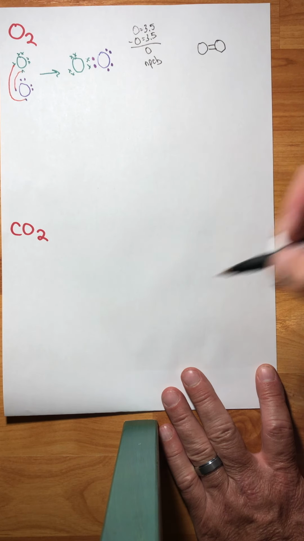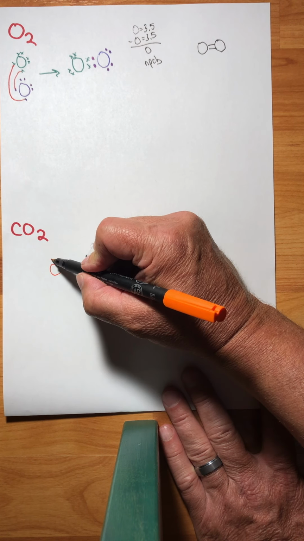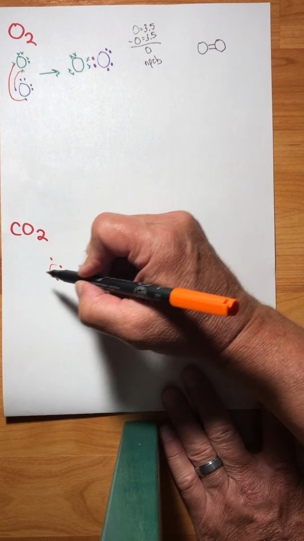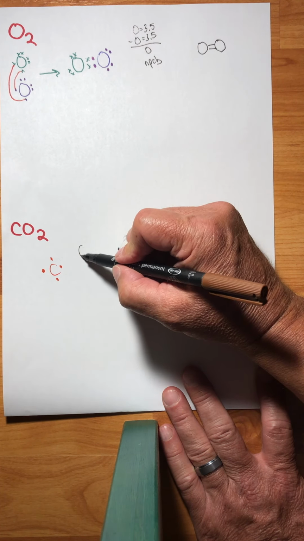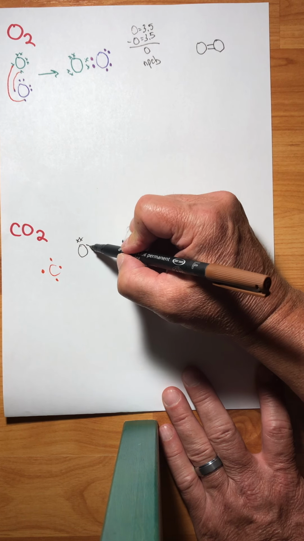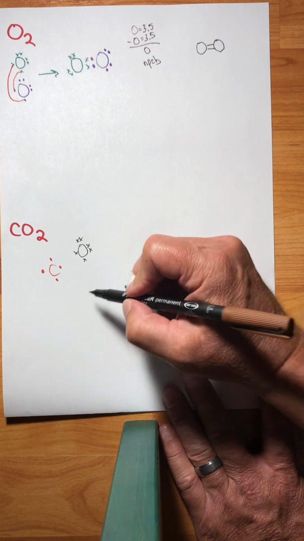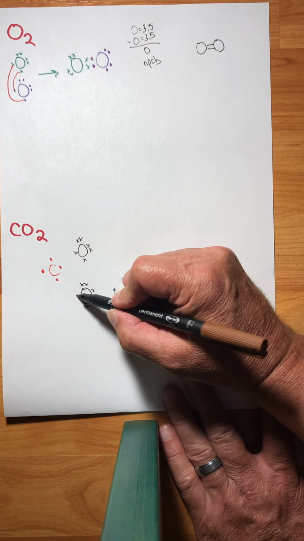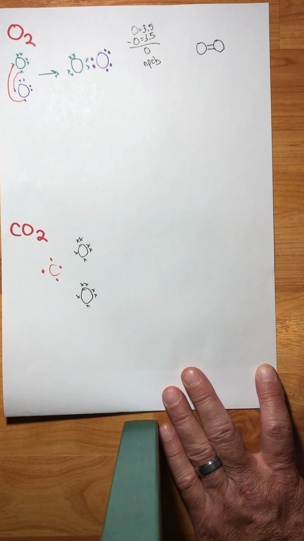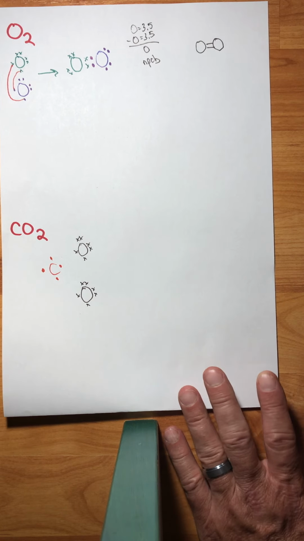So in carbon dioxide, we need carbon. And we need 2 oxygens. There's 1. And there's the second one. Now, how do we hook these up?